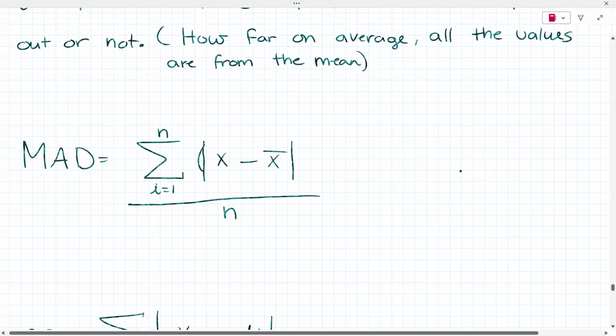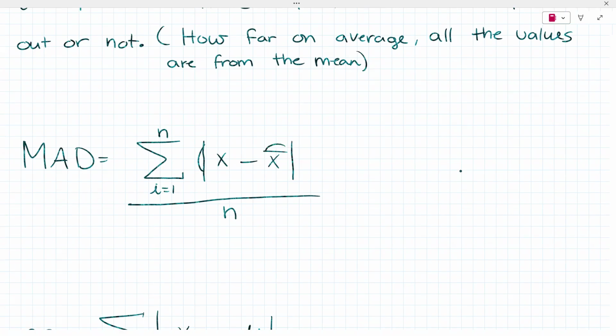So here's the formula for MAD. If you've seen this in pre-calculus, this is the summation, and the i stands for your initial value, the n stands for the endpoint, and then it's the absolute value of x minus, and you've seen this symbol already, that means average, all over n, meaning the total number of numbers, right?